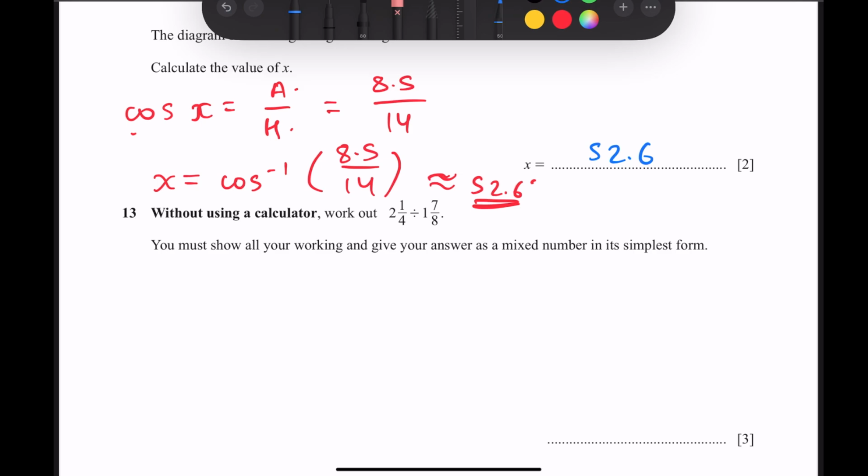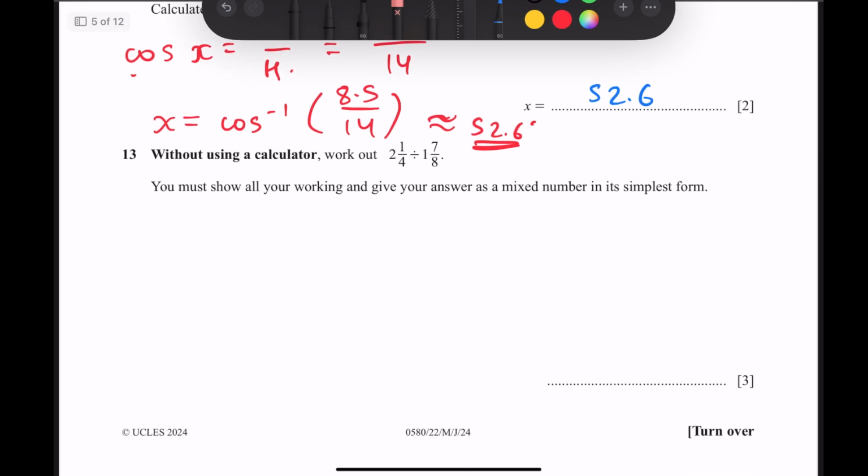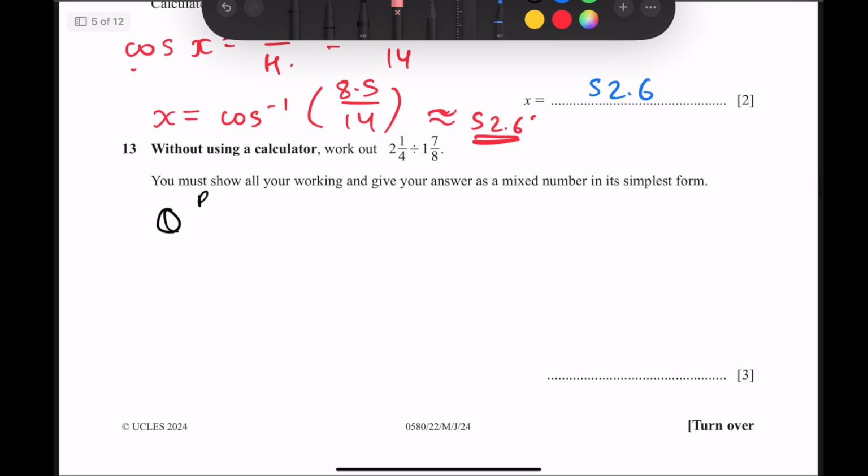divided by 1 7/8. In this case, if you convert both of these mixed fractions to improper fractions, the format would be Q R upon D, where Q is the quotient, R is the remainder, and D is the divisor.